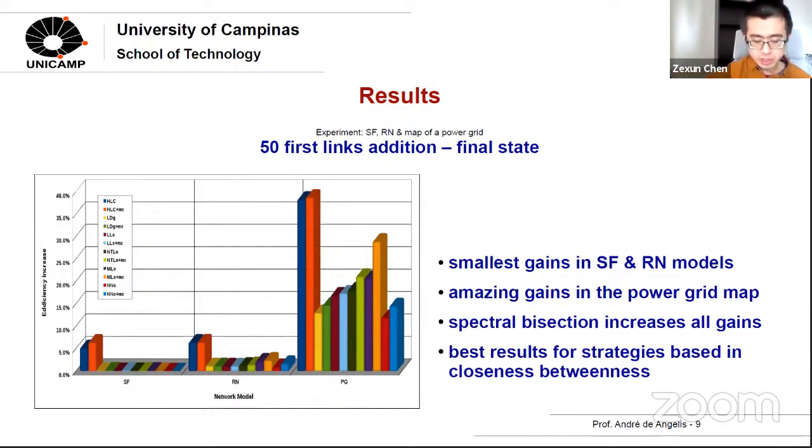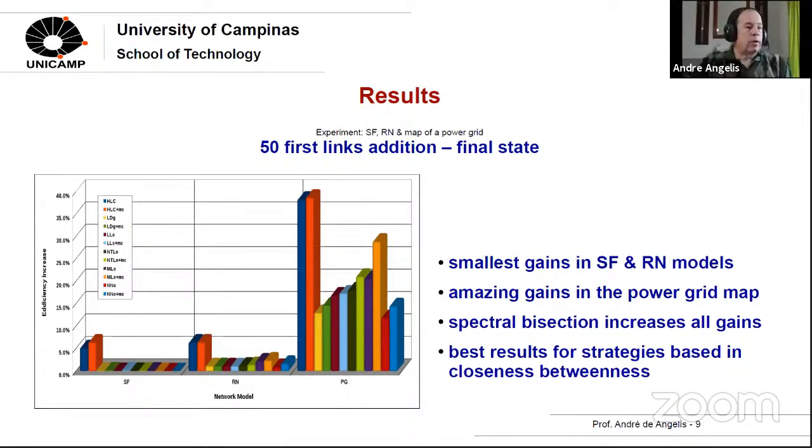Do you also have some reason why this method, HLC, did best for the PG, or what kind of property? It's something like your open questions. What are the properties that make this strategy do best for this model?